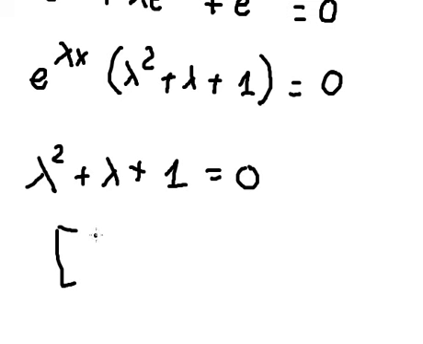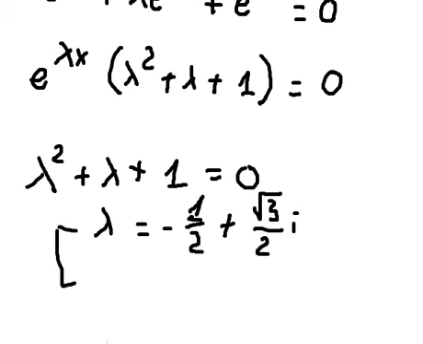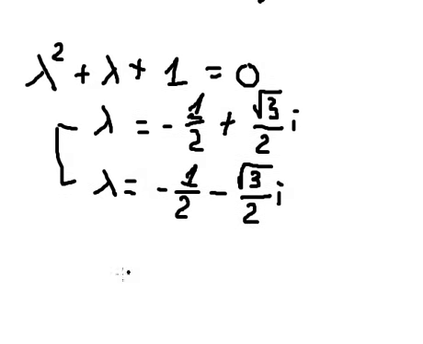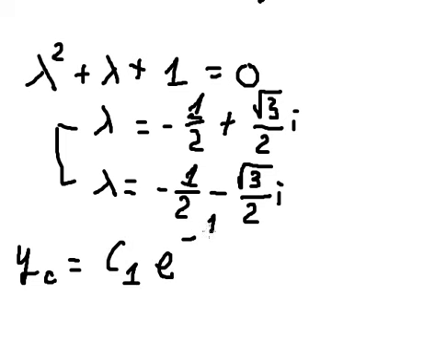So we have lambda equals negative 1 over 2 plus the square root of 3 over 2 i, and lambda equals negative 1 over 2 minus the square root of 3 over 2 i. So for this one we can put yc equals c1 e to the power of negative 1 over 2 s, because these are complex numbers in here.